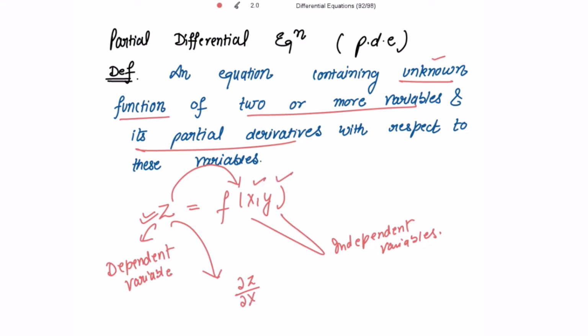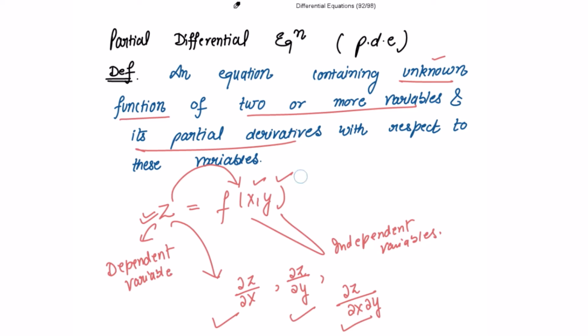We can have the partial derivative of z with respect to x, we can have the partial derivative of z with respect to y, we can also have the partial derivative of z with respect to x and y both, right? So the equation containing the unknown function z and its partial derivatives with respect to the independent variables, such kind of equation forms the partial differential equation, right?